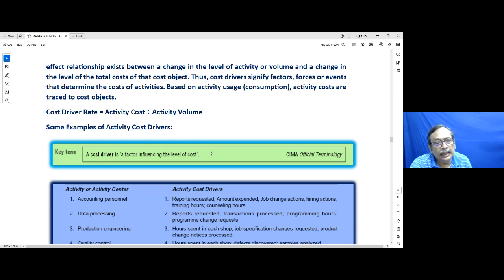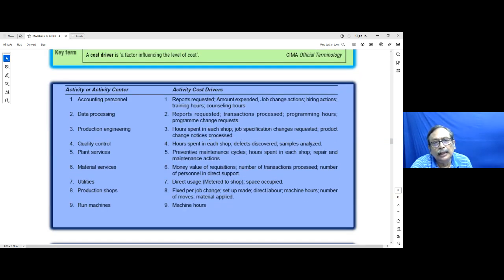Now, activity or activity center and activity cost drivers may be explained. Number one, accounting personnel, activity cost drivers: reports requested, amount expended, job change actions, hiring actions, training hours, counseling hours.